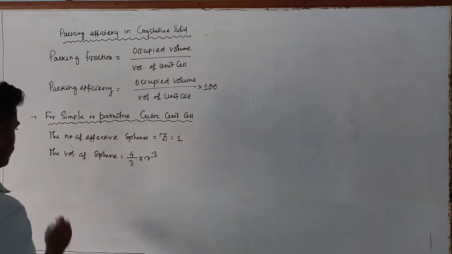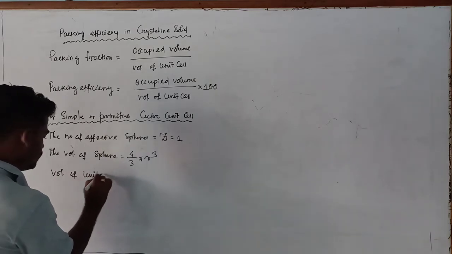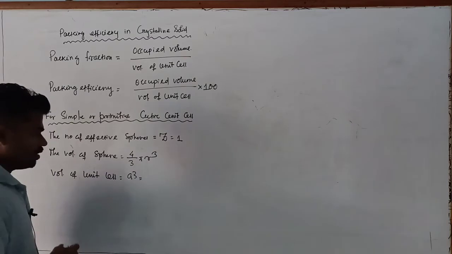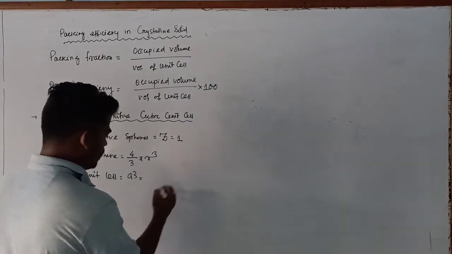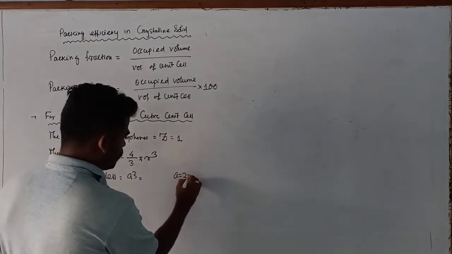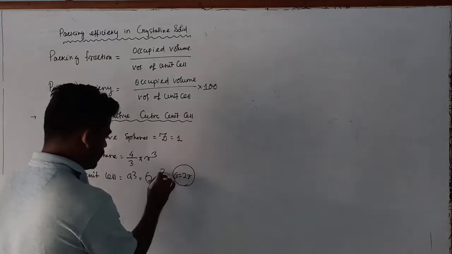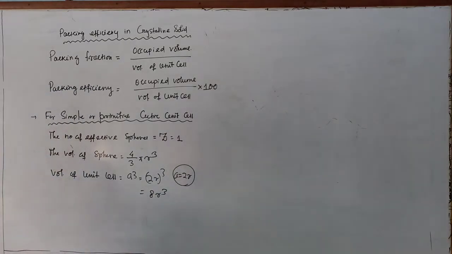Right now, volume of unit cell is equal to a cube, and you know from the relationship I have taught you that a is equal to 2r. Okay, so volume will be 2r whole cube, that is equal to 8r cube. Right now, packing fraction you can calculate.